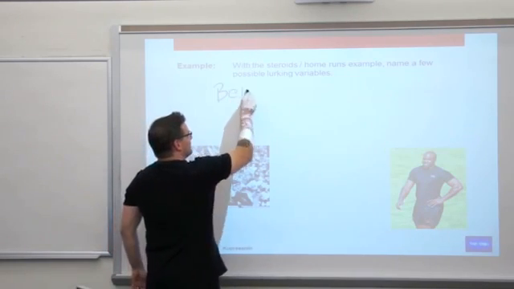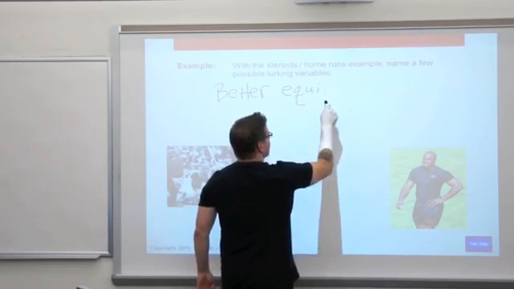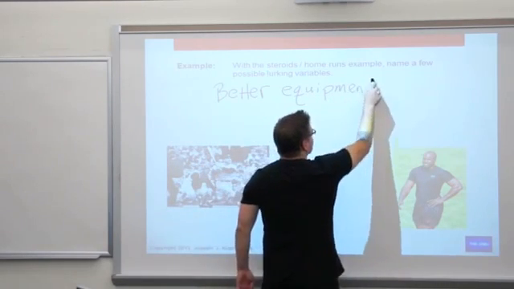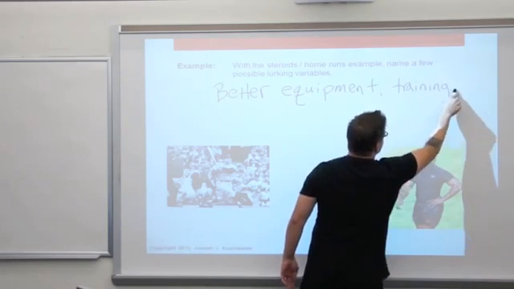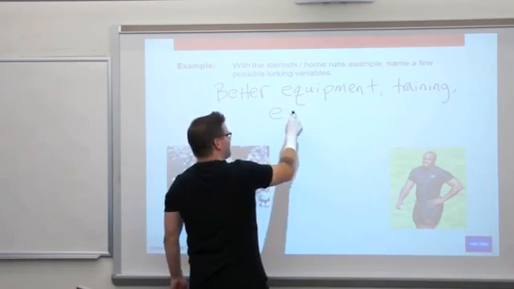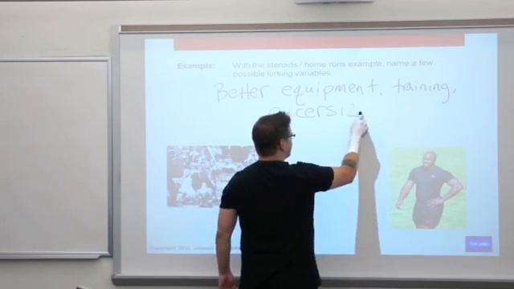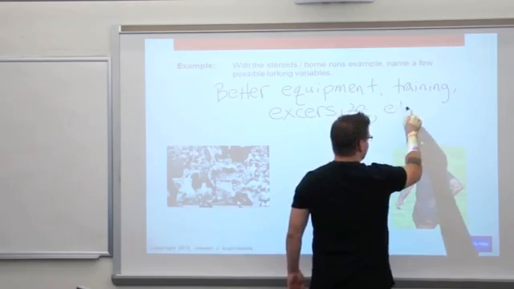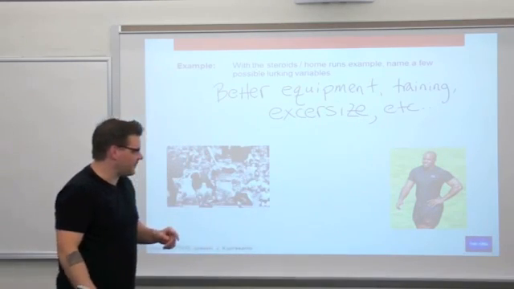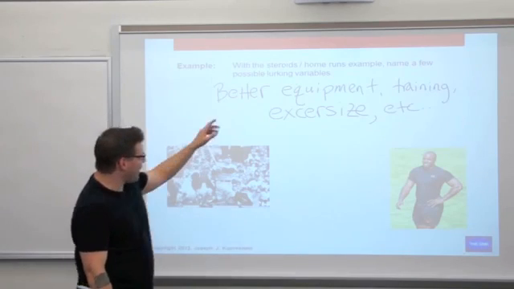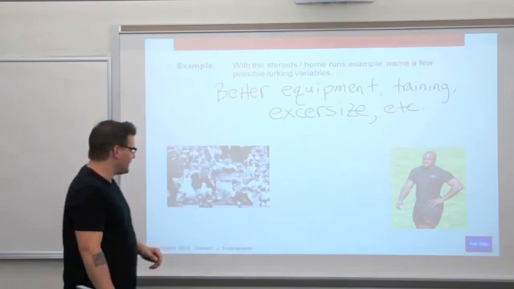So we have better equipment, better training, better exercise, etc. On top of the steroid factor from the 90s and early 2000s. And all of those things may have led to more home runs being hit.